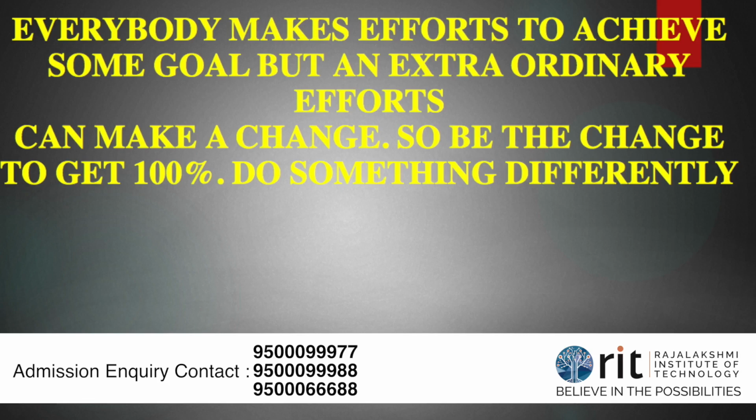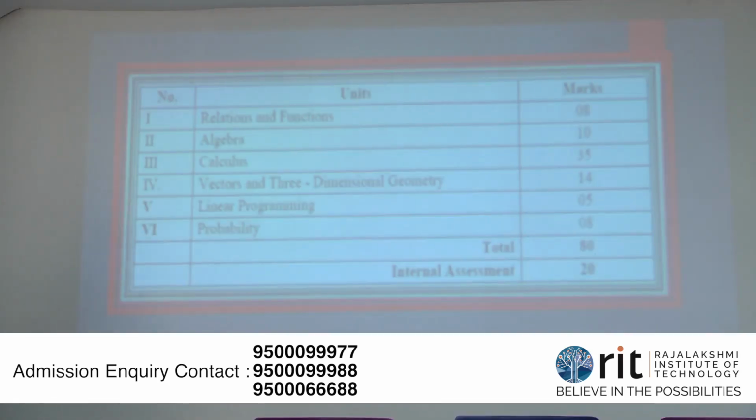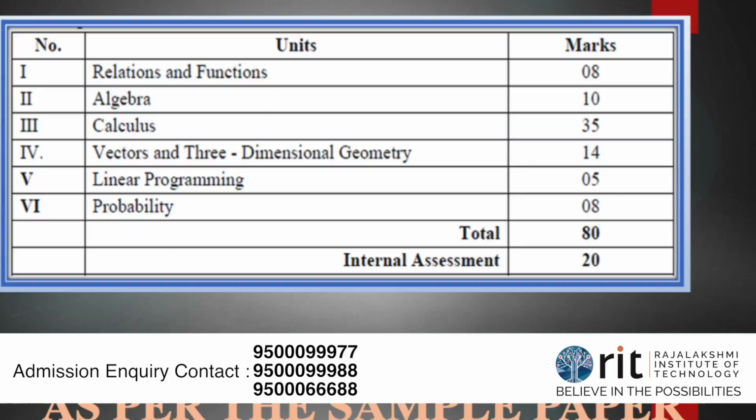Okay. So this is the marking scheme that had been released by the CBSE. You all know which chapter's weight is how many marks. Am I right? So relation and function, the first two chapters, is of 8 marks. Algebra consists of 2 chapters, determinant and matrices.